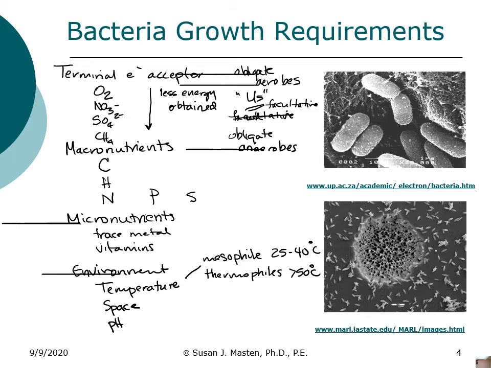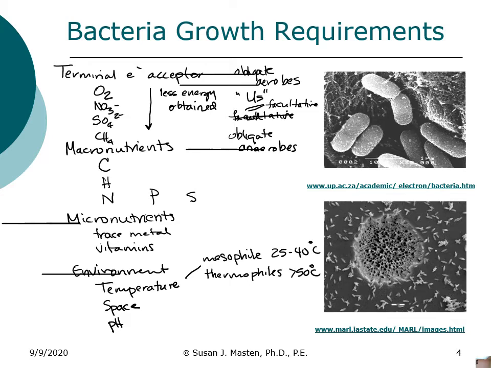Talk about mesophilic organisms. These are organisms that survive best between about 25 to 40 degrees C, and thermophiles survive at temperatures greater than 50 degrees C. Space. Organisms need space to grow.